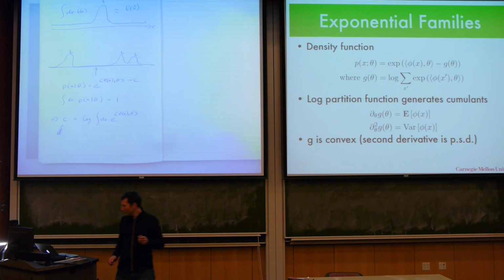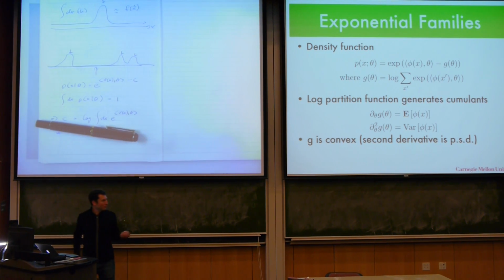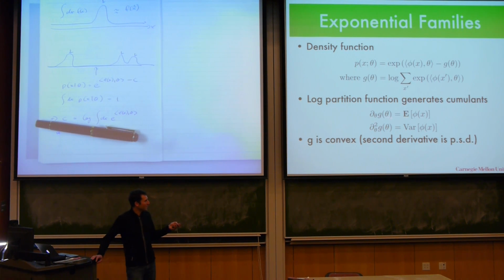Now, quick question. Assuming that these two equations are true, which we are going to check on the next slide, but assuming that the second derivative of g of theta gives me the covariance of phi of x, then why does this immediately imply that g is convex? Exactly.